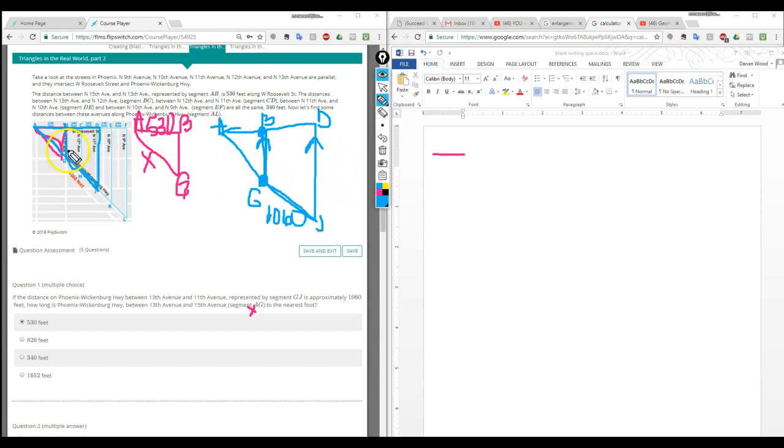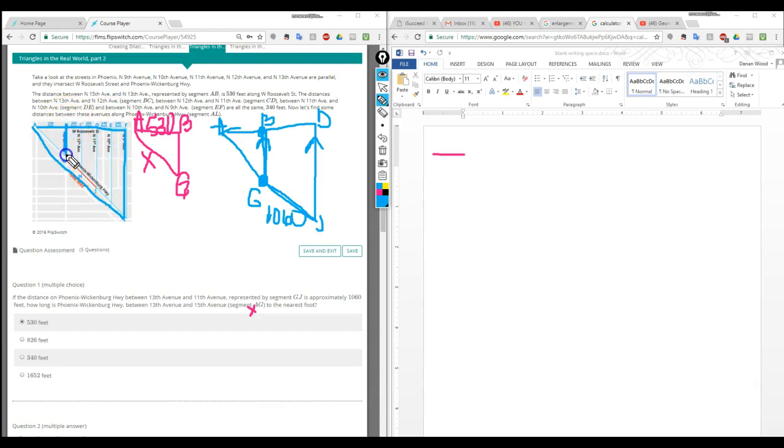So if you notice this one in our original diagram, say I took this great big triangle right here, and if you notice, each of these is parallel.